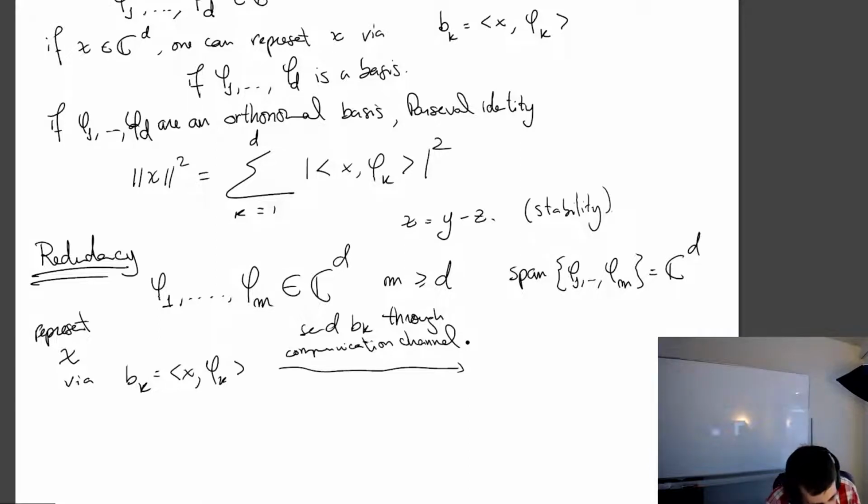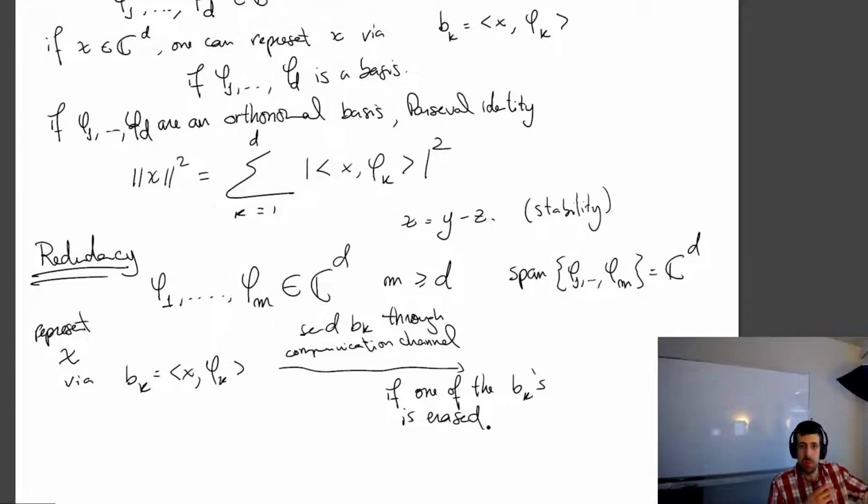Redundancy allows that if, say, one of the beta k's is lost or erased in the channel, it still may be possible to reconstruct x. Sometimes communication channels are noisy or they may erase things.